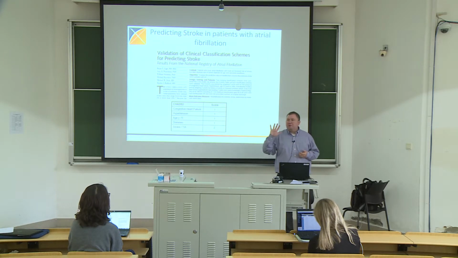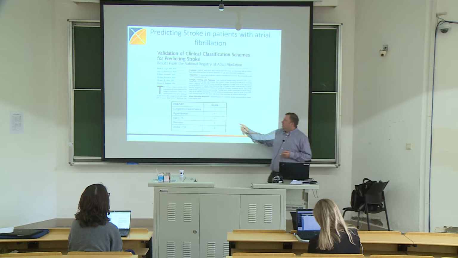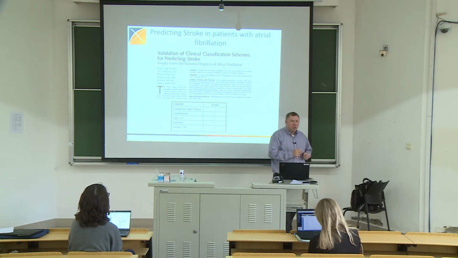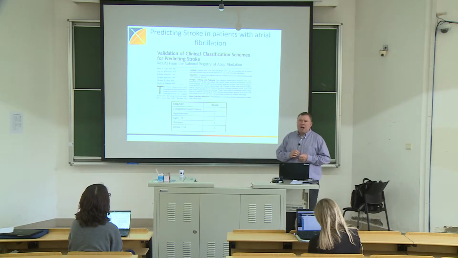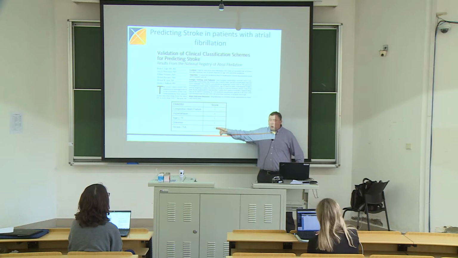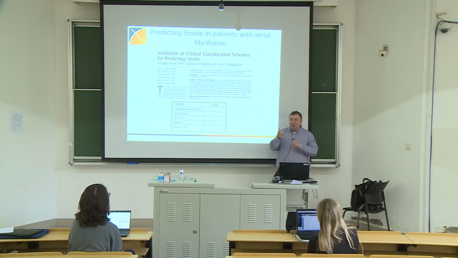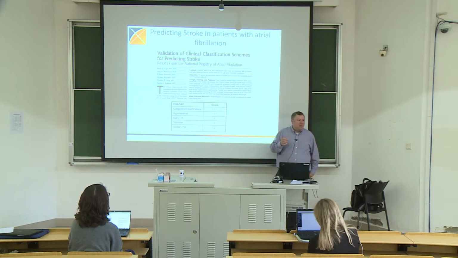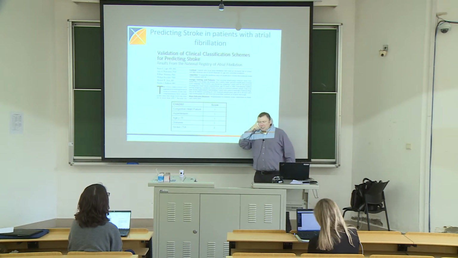They only used 5 variables. They used congestive heart failure, hypertension, age, diabetes, and prior stroke. And what they did was they created this score, which is very simple, so simple that you can add it up on your fingers. You can look at a patient and you can think, does this person have heart failure?